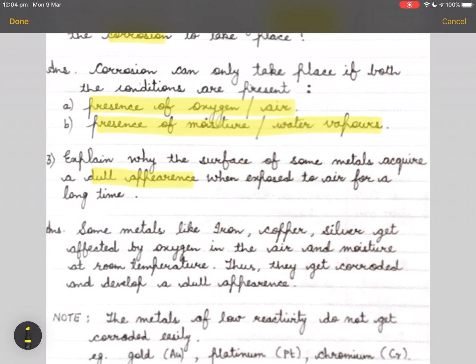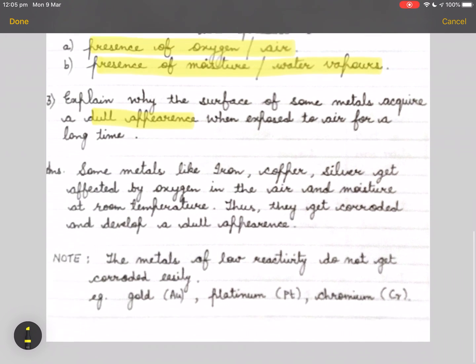It becomes flaky. It starts getting destroyed. You might have even seen iron pipes, right? After some time, the iron pipes get eaten away. So what is eating away the metals? That's nothing but the moist air. So this answer you can quote for this particular question.